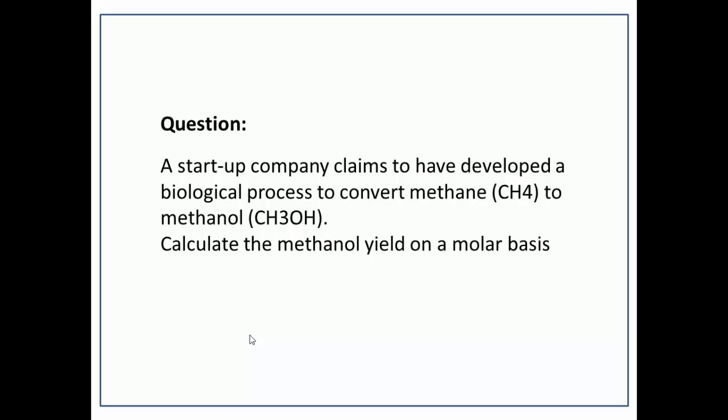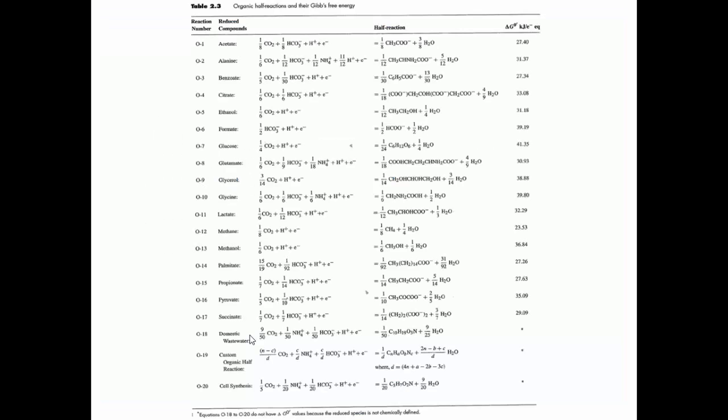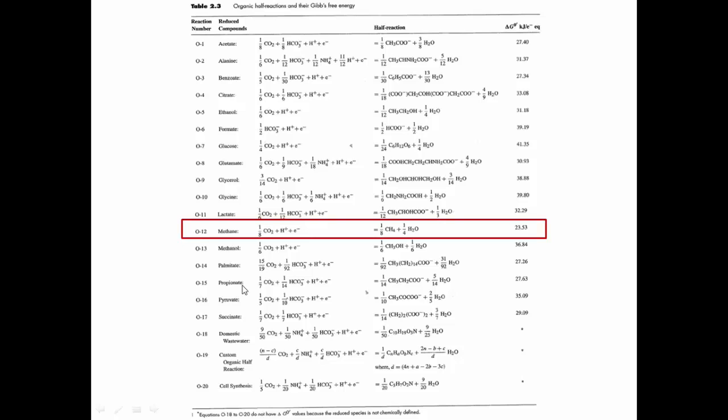If we're going to select a half reaction, what we just need to do is go to our table and find methane and find methanol. We can just go through the reduced compounds. If you know the formula, you can go through this, but of course it's way easier going here. And we look for methane, and this is methane right here.